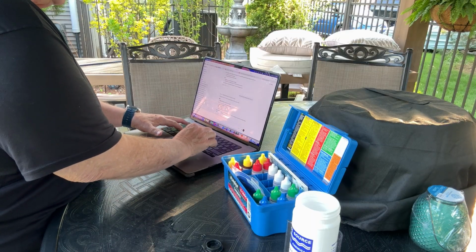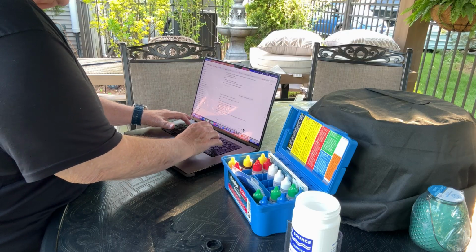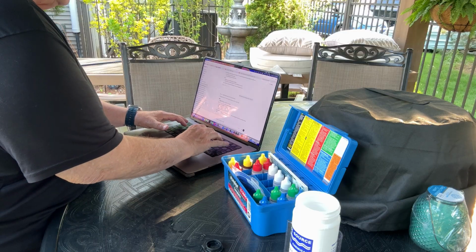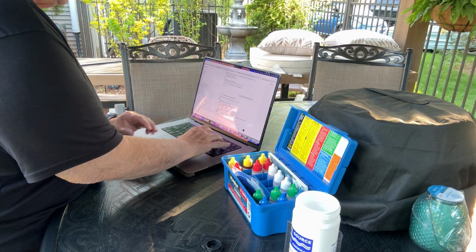So I'm going to tell it chlorine is 1 to 2 ppm. How much to add for 3 ppm?